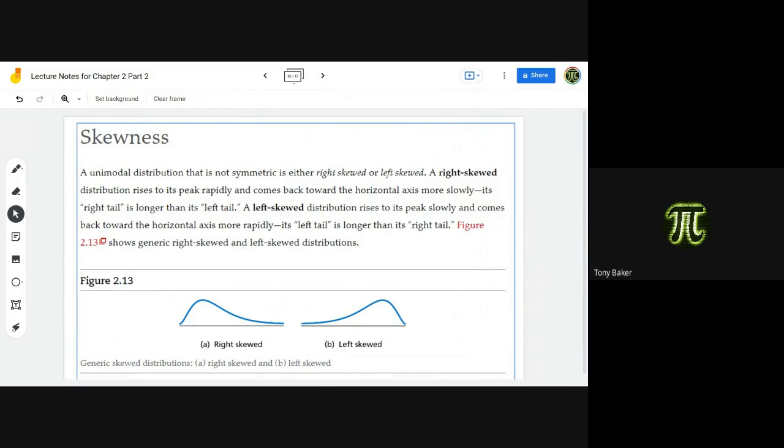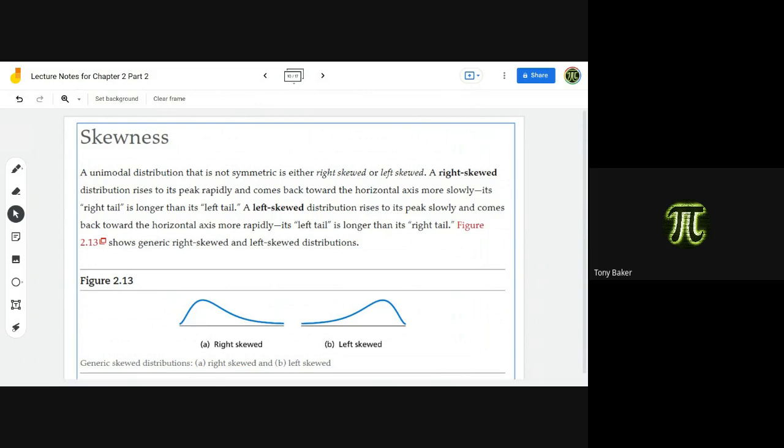But since the mean is pulled to the right by those outliers, it's right skewed. The reason I'm pointing that out is that most people are going to say that's left skewed because they look at where the hump is. You're not looking at where the hump is. You're looking at where the data is being pulled to. So since this data is being pulled to the right, it's right skewed.